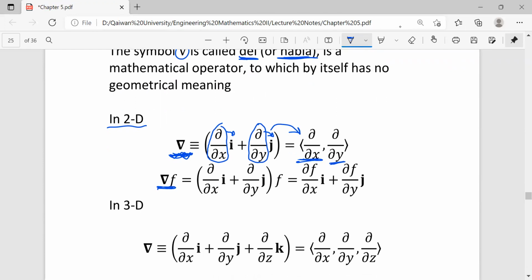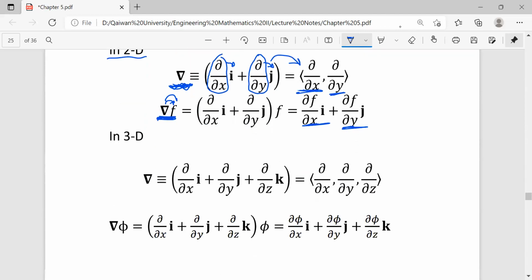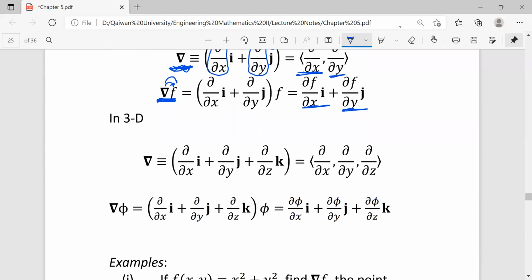The gradient of f, del f, equals the partial derivative of f with respect to x times i plus the partial derivative of f with respect to y times j. It's in 2 dimensions, but in 3 dimensions we have 3 components, i, j, and k. So we take the partial derivative of the scalar field with respect to x, y, and z.